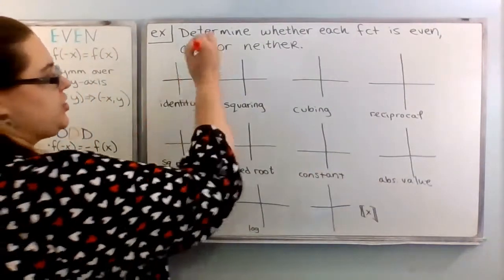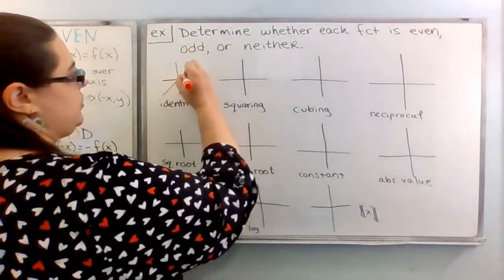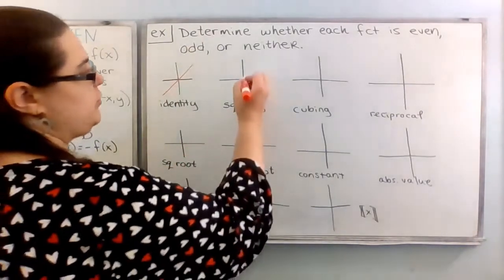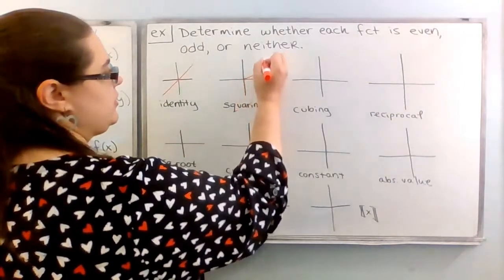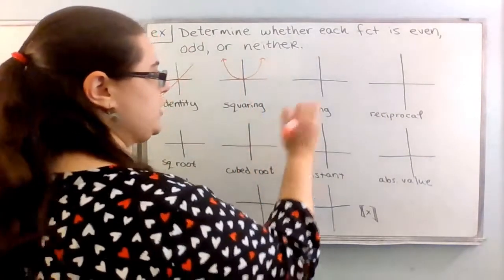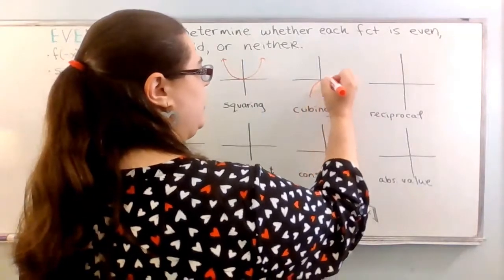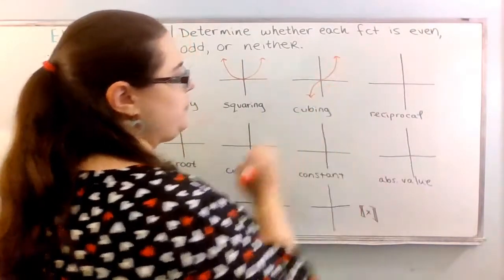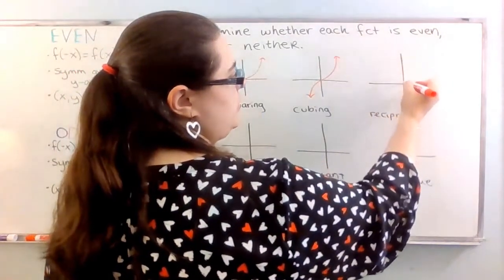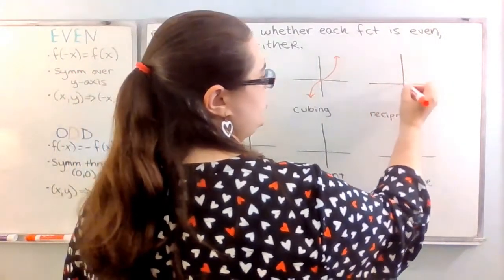So the identity function is y equals x, so it's going to look like that. The squaring function is y equals x squared, so it's going to look like this. The cubing function does a little shimmy like that. The reciprocal function has a couple of asymptotes on each axis.